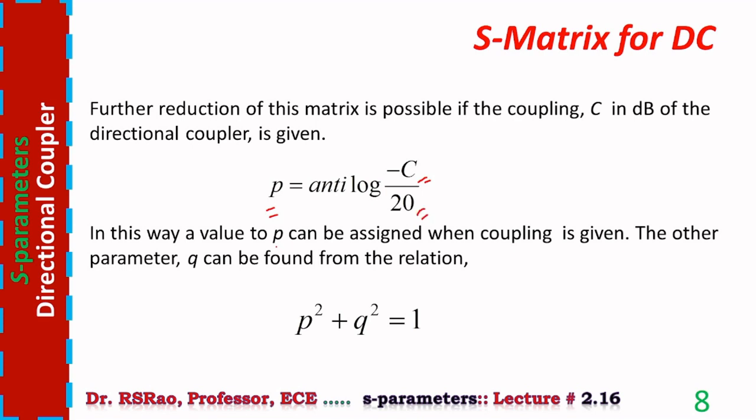Once the P value is found, the Q value can be ascertained from the equation P squared plus Q squared equals 1. So to give numerical values to the elements of the S matrix of the directional coupler, the coupling factor is required. Of course, it is commonly available. So one can give the matrix of the directional coupler completely and totally.